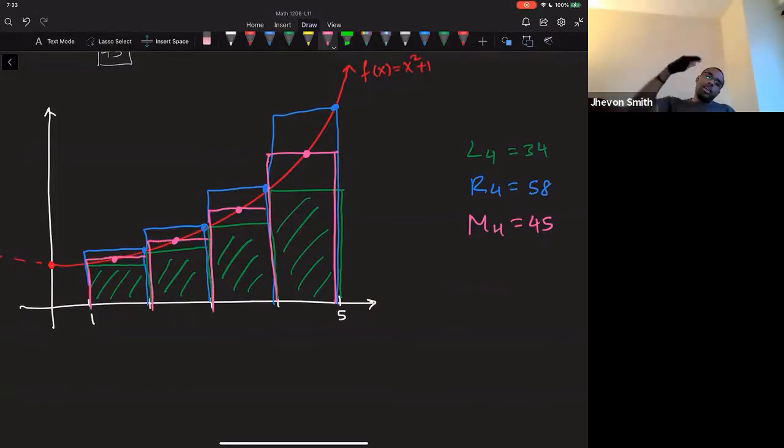So you notice that the green rectangle is going to be less than the pink rectangle, less than the blue rectangle. The blue actually gives you the biggest one because it's an overestimate. The green gives you a smaller one. It's definitely an underestimate. The midpoint, the pink one, gives you somewhere in the middle, though. However, we don't know exactly what the exact area is here.